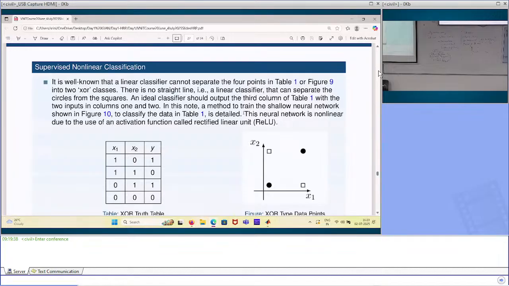We had a straight line which separated the two. Firstly, can you draw a straight line which separates the two? And secondly, if you can't draw a straight line, is there any other shape you can draw to separate the two?